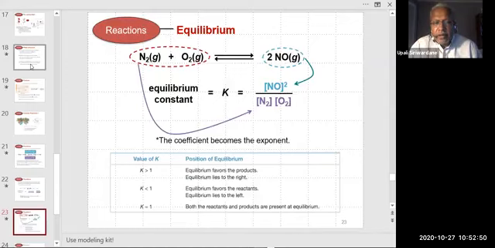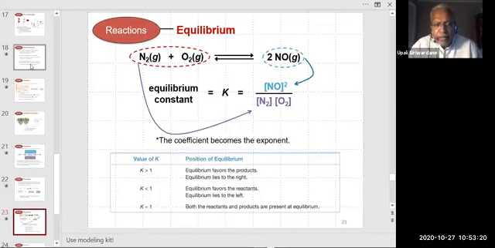You write the equilibrium constant with products on the top: NO concentration to the power of its stoichiometric coefficient, which is 2, divided by the nitrogen concentration. The stoichiometric coefficient is 1 on both nitrogen and oxygen, therefore to the power 1. The coefficients become the exponents.